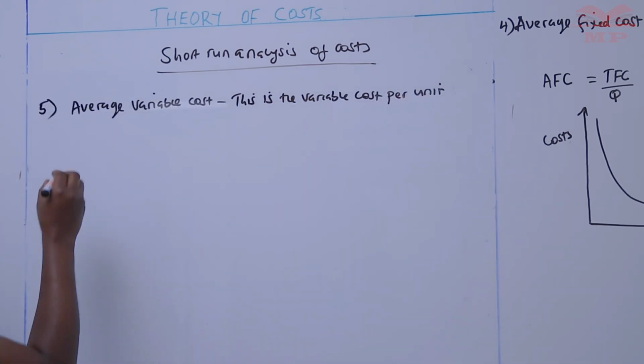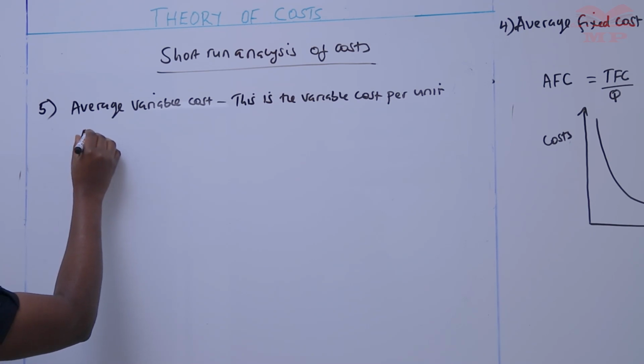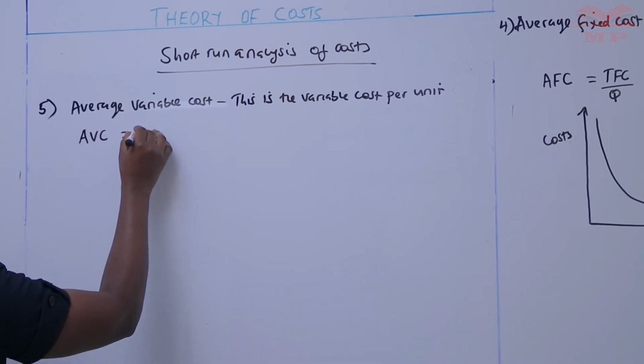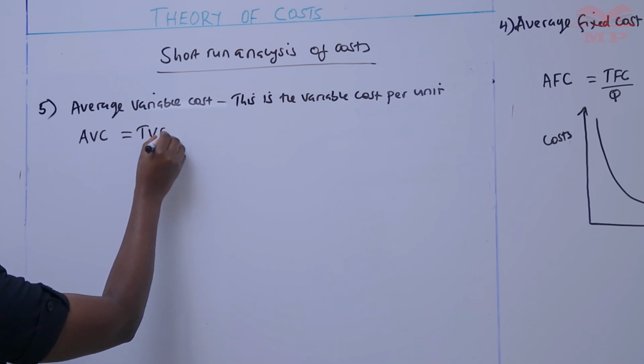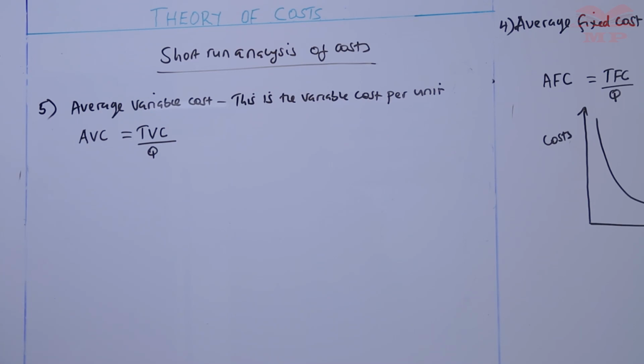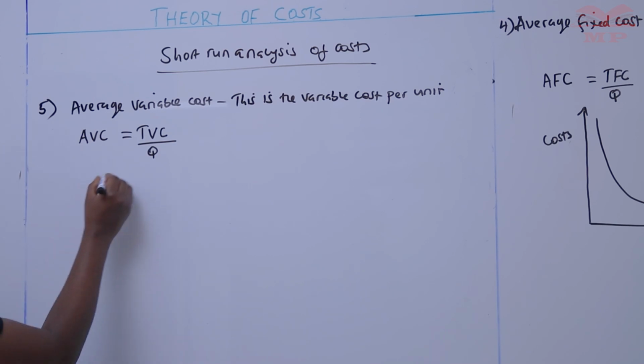Mathematically, average variable cost equals total variable cost divided by output in units, where Q refers to output in units.